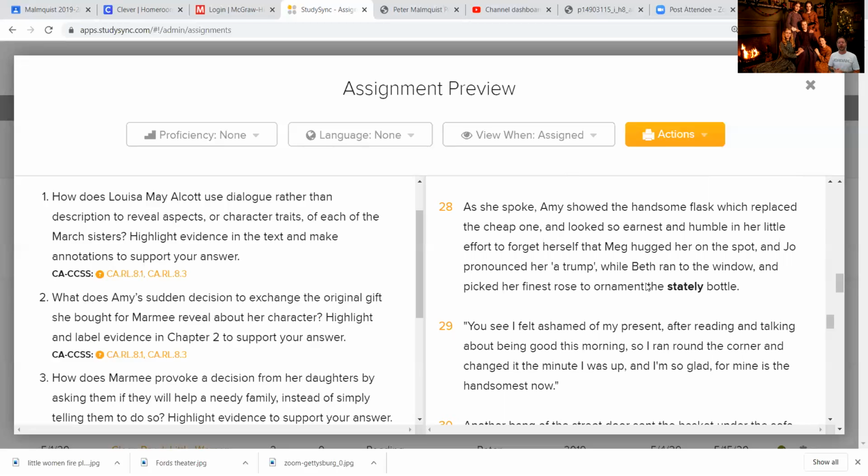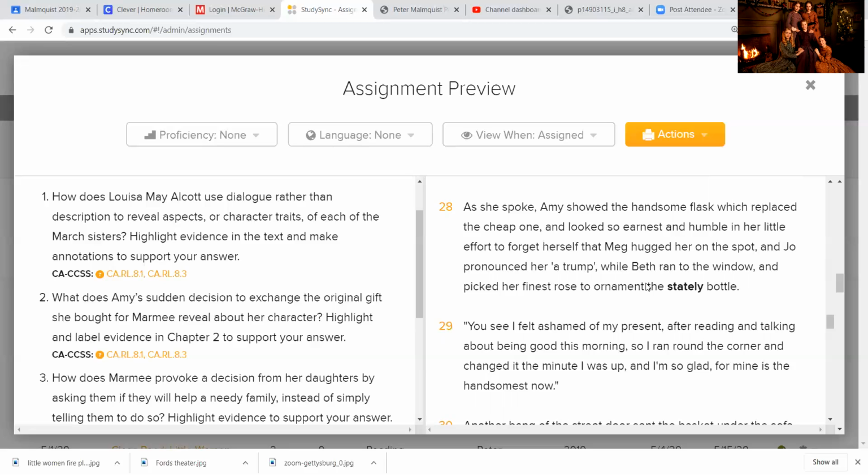So everybody was happy with Amy here, right? Because Amy got her expensive flask replacing the cheap one. Remember, originally Amy wanted to get the cheap one, so she had more money to spend for her pencils. She was a little bit selfish there. But here she changes, and she decides to get the most expensive one, the better bottle, to replace the cheap one, and everyone's very happy with her, okay?